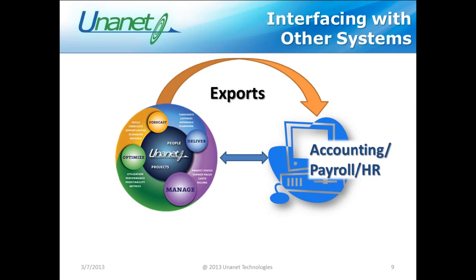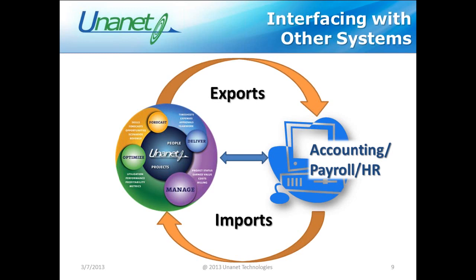So it's a process of taking that Unanet data and feeding it out or exporting into that system. And we also have the other direction defined as well, where you can take data from your accounting system, your payroll system, format it into an applicable formatting tool, and then import that data into Unanet. So we're going to be talking about both the exports and the imports during today's webinar.